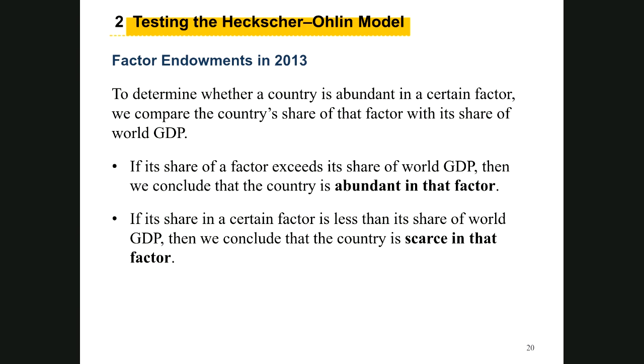First of all, how do you identify which country is capital abundant or labor abundant? The author tells you to simply compare the country's share of the factor in the world with its share of the world GDP. If the country's share of the factor is larger than its share of the world GDP, then we can conclude that the country is abundant in that factor.